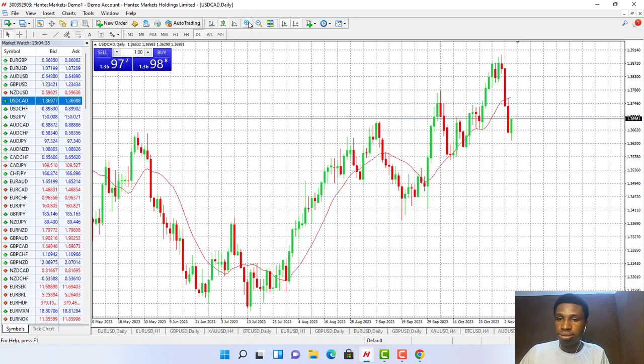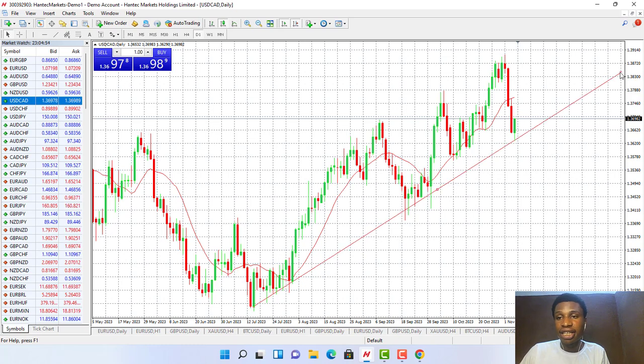Let's see if it's going to fit in our trend line. Oh my goodness, you can see it's fitting in our trend line. So USD CAD is in our trend line, so there's still possibility for the market to keep buying USD CAD.